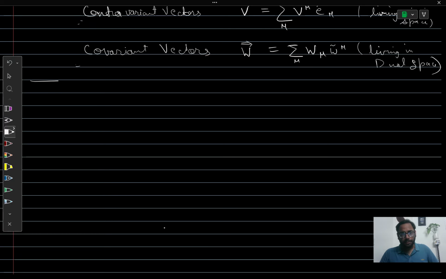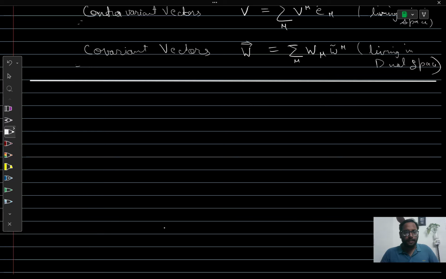Okay, so let's move forward and define something interesting that Einstein himself gave as a notation, called the Einstein summation convention.